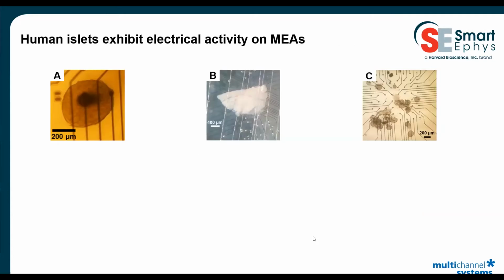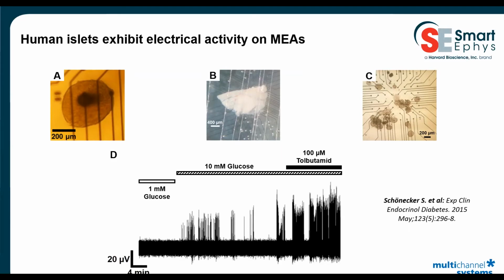So these photos are actually made before the beta screen device was developed. So I tried different techniques. I placed the islets via mechanical pressure. I did pancreatic slices, you can see here in B. I tried to cultivate the islets on top of the MEAs. And my very first recording looked like this, which is also published in our third publication.